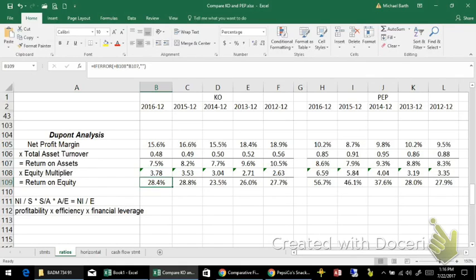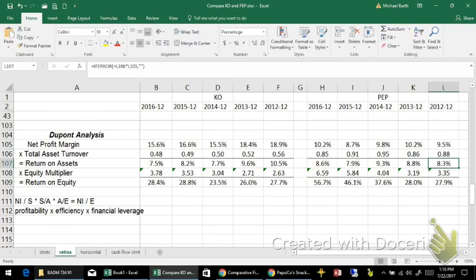That leverage, the leverage factor here, those are fairly close. All right, again, Coke's has been declining, but there's still not a whole lot of difference in the return on assets between the firms. But that huge difference here in the equity multiplier makes the Pepsi return on equity twice as high.